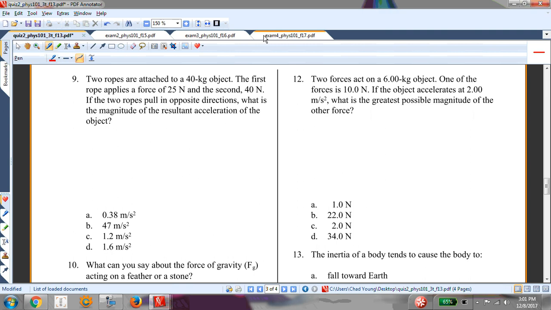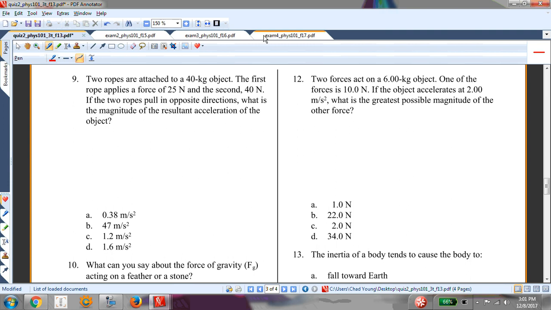One is 10, and the object accelerates at 2 meters per second squared. What is the greatest possible magnitude of the other force? We had a similar question about frictional forces. What was the frictional force on the object in exam 2 from fall 17? This is a similar question, except we're just not calling it friction.